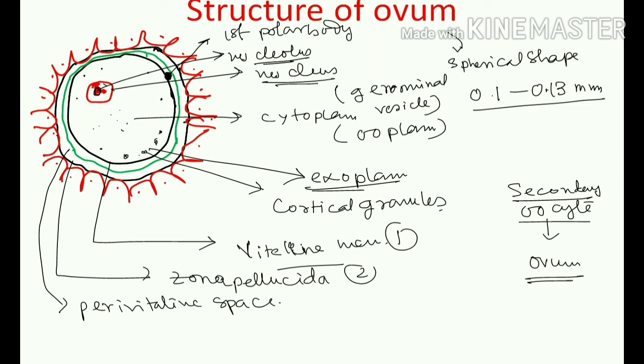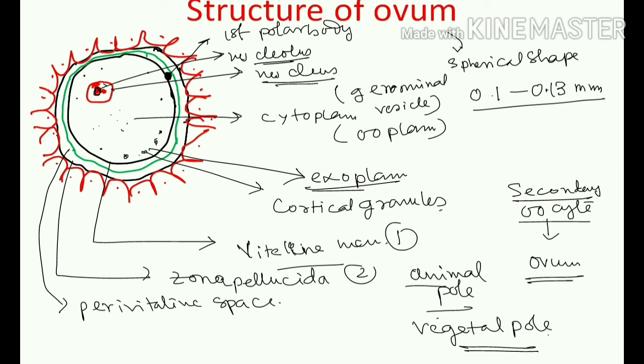The side where the first polar body is present is called the animal pole. The opposite side of the animal pole, that means this portion, is called the vegetal pole. And this is the structure of the mature ovum.